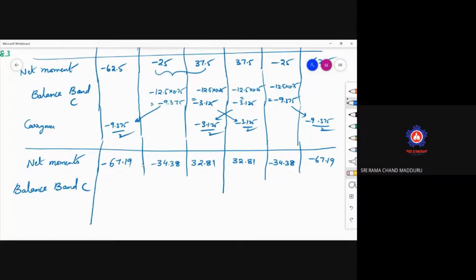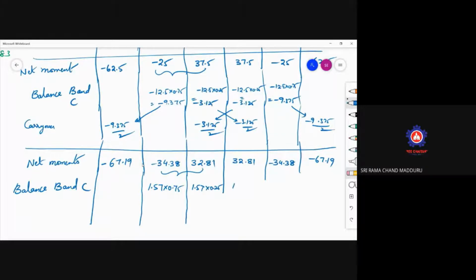Once again, balance B and C. The values are not equal, but they are closer compared to the previous step. They are coming closer. The difference is being reduced. So minus 34.38, 32.81. That is minus 1.57. Consider plus 1.57, which is 1.57 into 0.25.